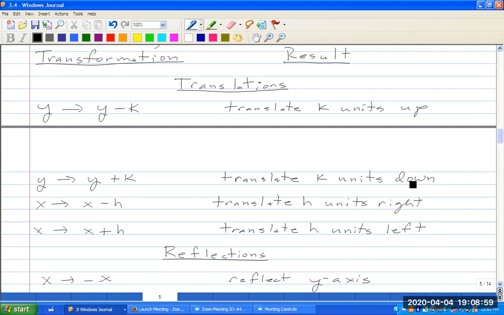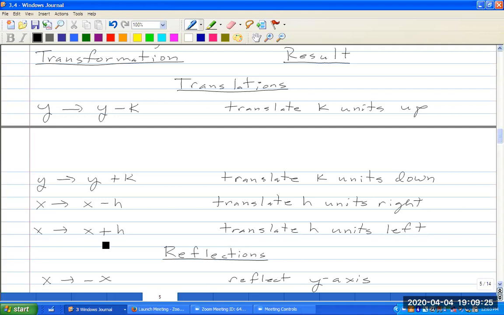Suppose you replace x by x minus h. Then you will translate h units in the positive x direction, h units to the right. Suppose you replace x by x plus h.